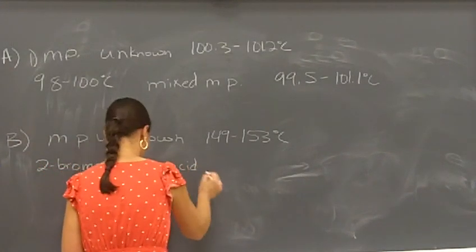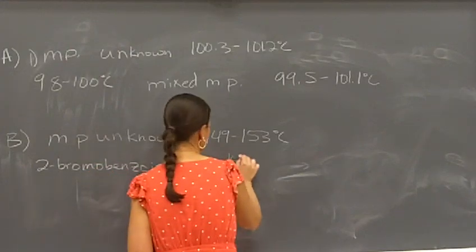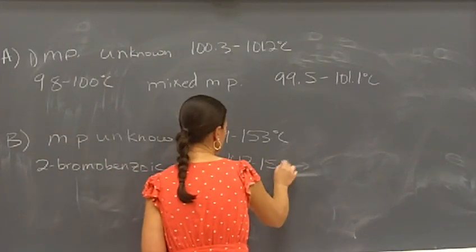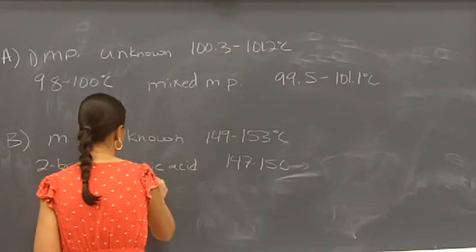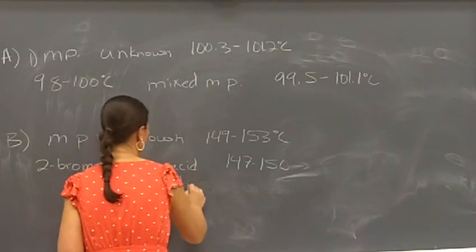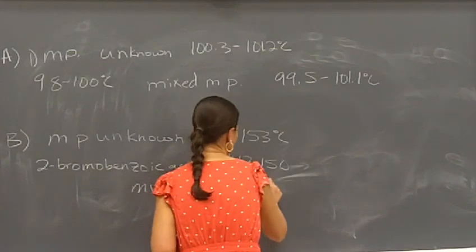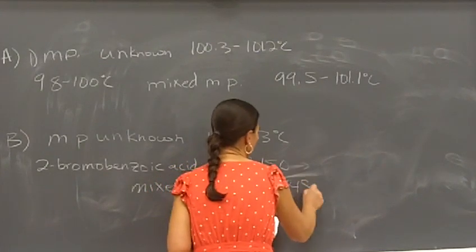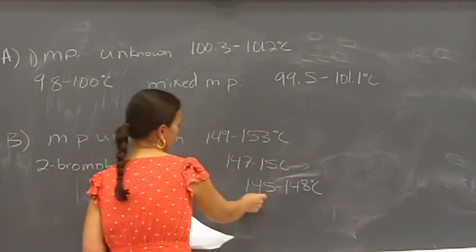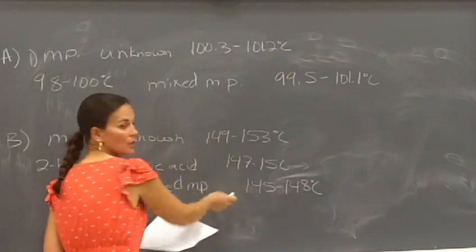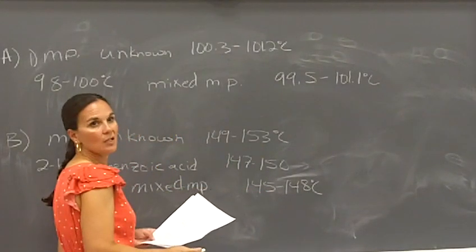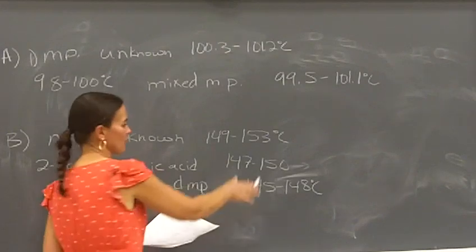It has a melting point range of 147 to 150, but we do the mixed melting point, and that becomes 145 to 148. Do you think this and this are a good match? Not so great, right? Because we've depressed it.